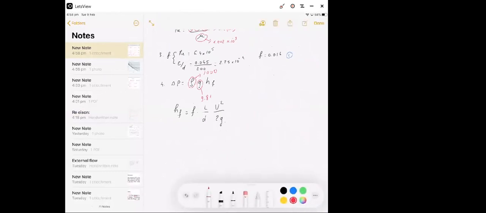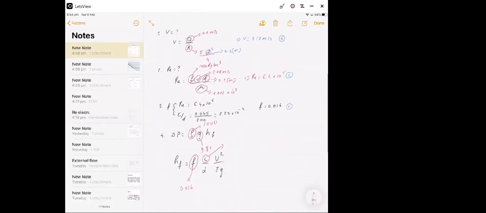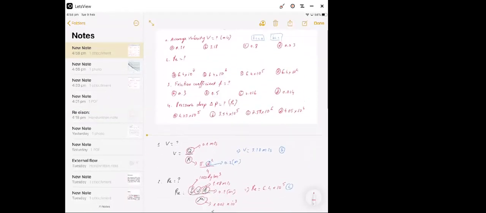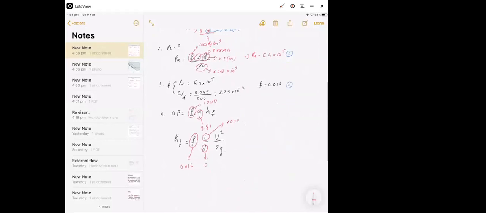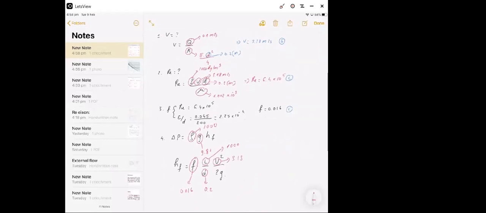With f here we have 0.016. L, the length, is 1000 meter. Diameter 20 centimeter is 0.2 meter. Velocity from question 1 is 3.18 meters per second. Gravity 9.81.